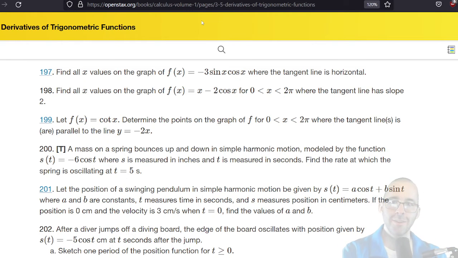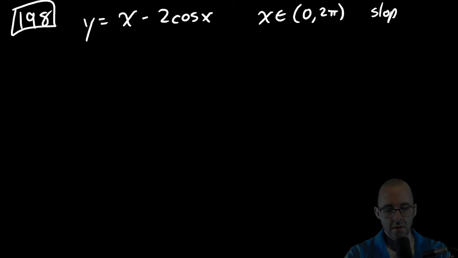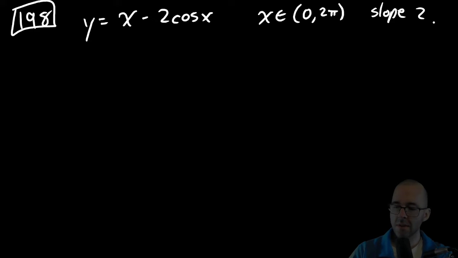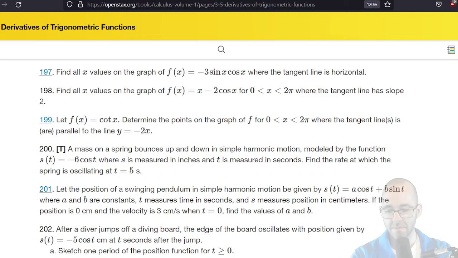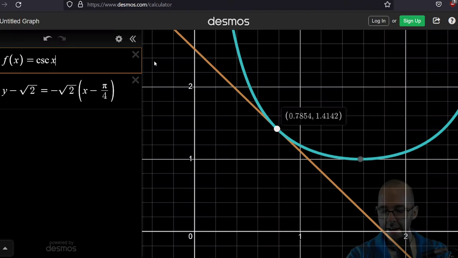X is between 0 and 2 pi exclusive. And specifically, we want slope of 2. So let's look at Desmos and get an idea of what we're looking for. X minus 2 cosine of x.